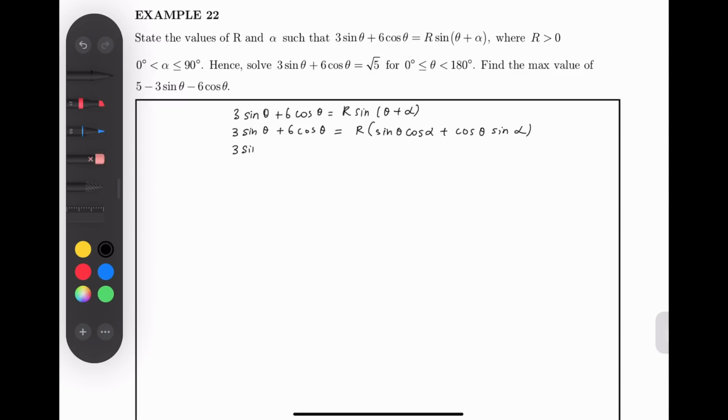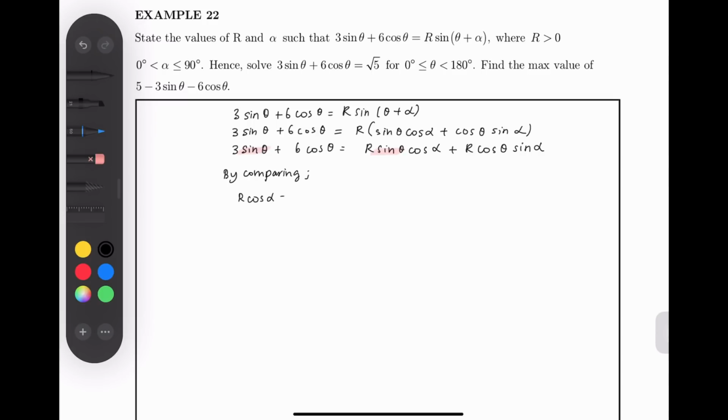Expand the right hand side, and you're going to get R sin theta cos alpha plus R cos theta sin alpha. And now we're going to compare. So by comparing, the left hand side has sin theta and the right hand side also has sin theta.